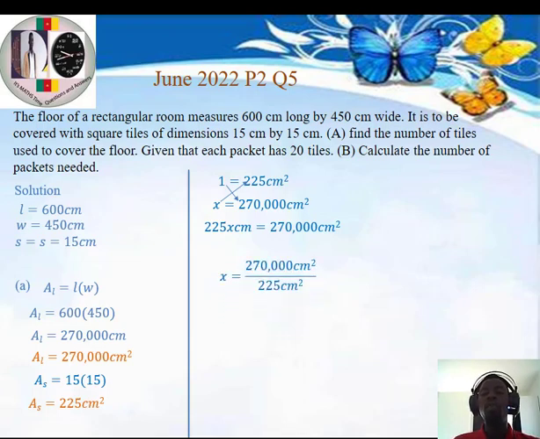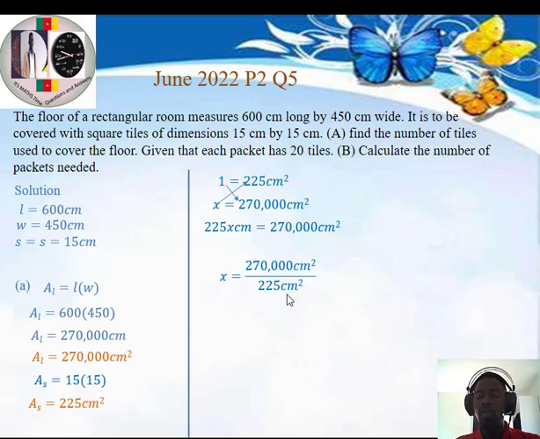We divide both sides by 225 centimeters squared. x will be left alone here, and here we will have 270,000 centimeters squared divided by 225 centimeters squared.